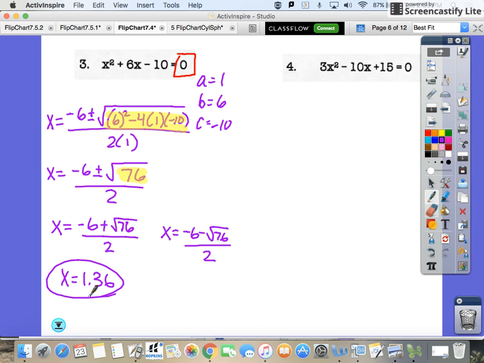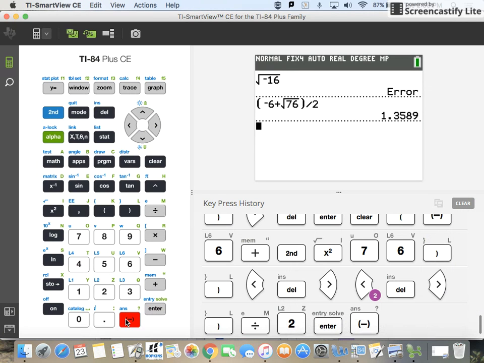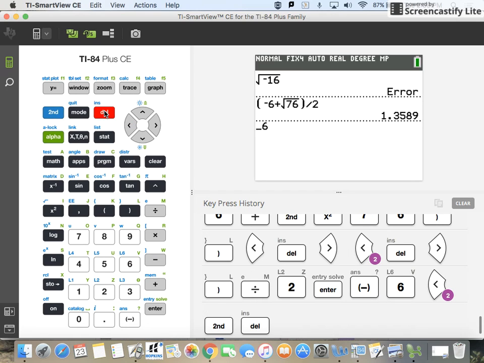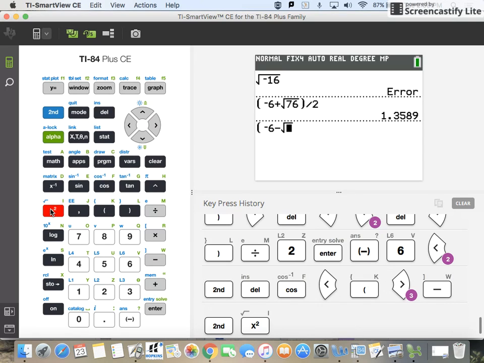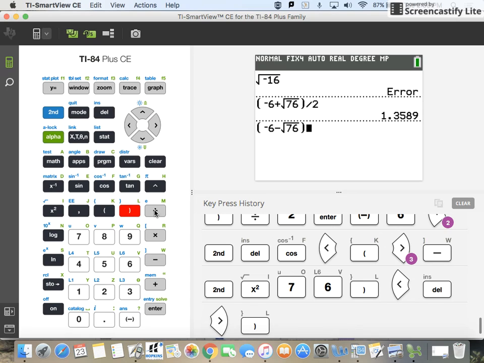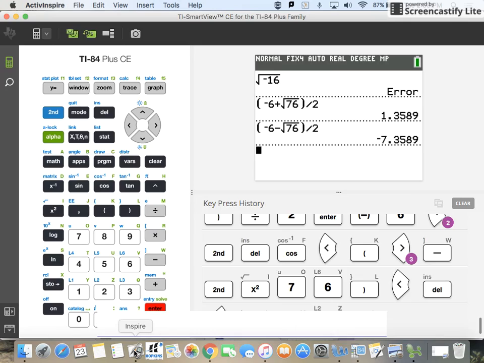And then if we do the subtraction version, we've got -6 minus the square root of 76 divided by 2, and we have -7.36.